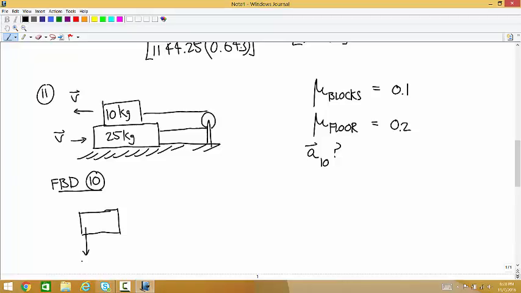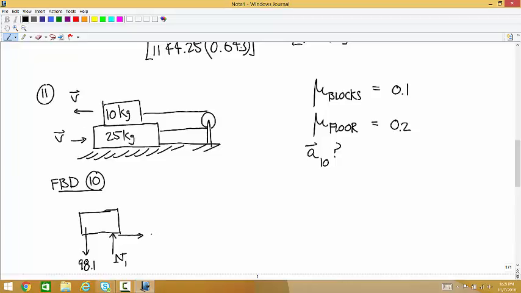There's a weight force of 98.1. There's a contact force pushing up from the 25 kilogram box. I'll call that N1. We're going to have a bunch of these normal forces in this problem. There's a friction force opposite the direction of motion.